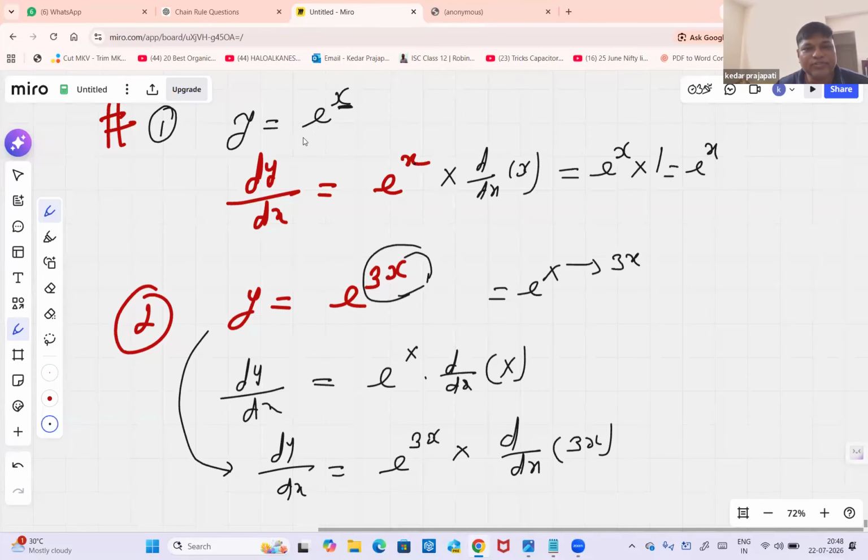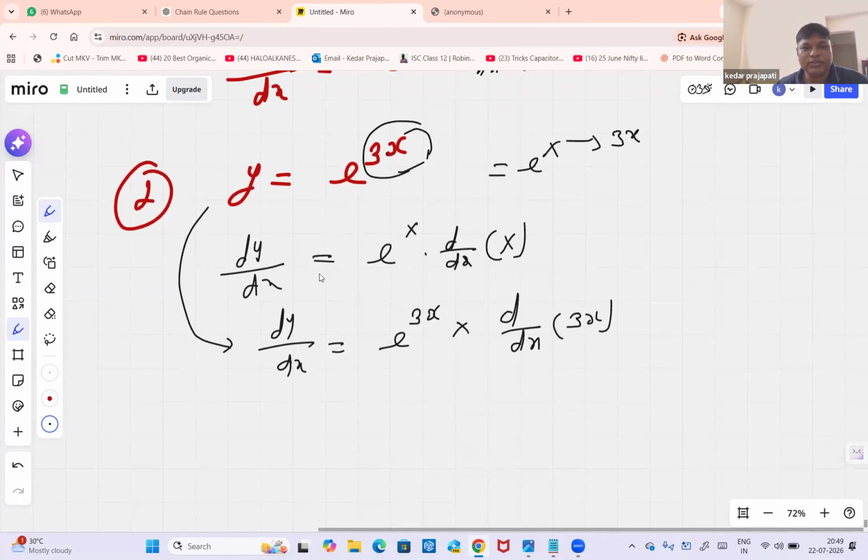So y equal to e power x doesn't mean it is ex only. If you do step by step, you have to do like this. So here it will be e to power 3x into 3 common into d by dx of x.